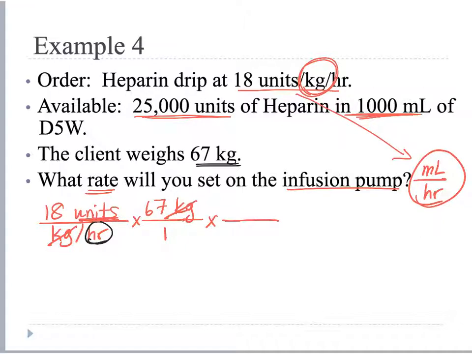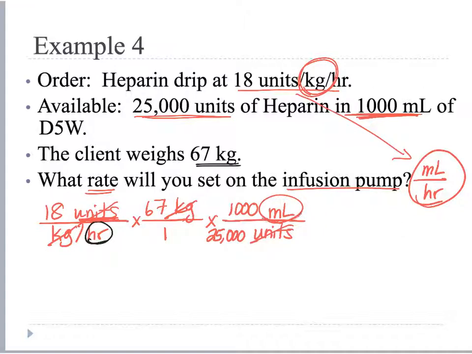So since I have units up top here, I'm going to put units down below here, and I'll put the milliliters up top. Because in our dosage strength, we know we have 25,000 units in 1,000 milliliters. So that's why I knew I needed milliliters up top, because I had that in the strength. So the units are going to cancel, and I'm left with milliliters.